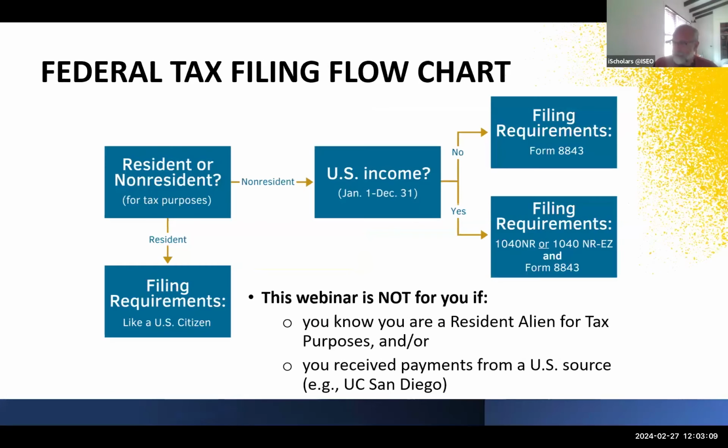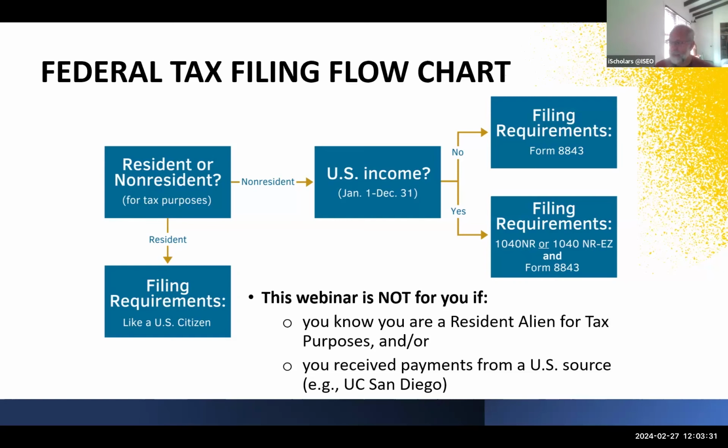So let's look a little more at that distinction between resident alien and non-resident aliens. Those of you who are the former don't need to actually sit through this presentation. So basically, if you're a resident, you file like a U.S. citizen.